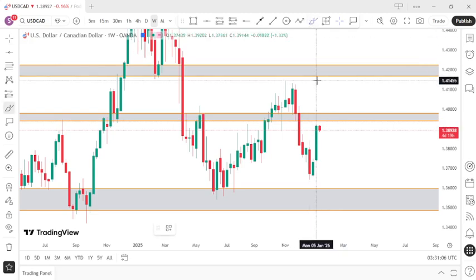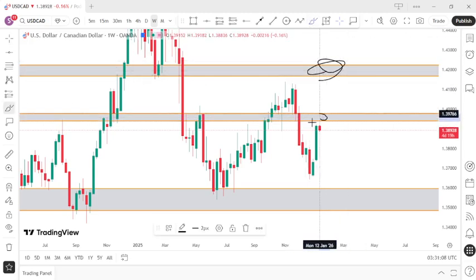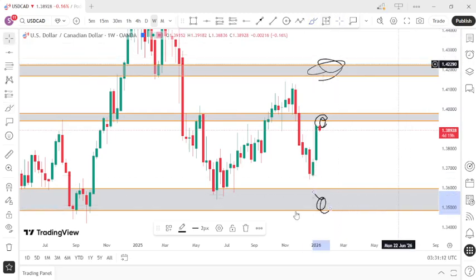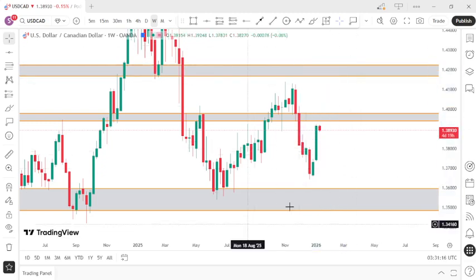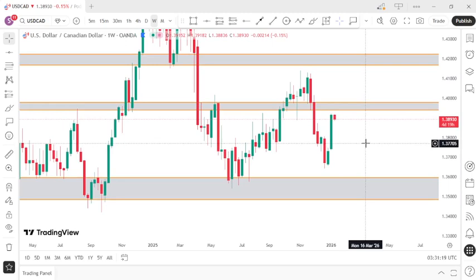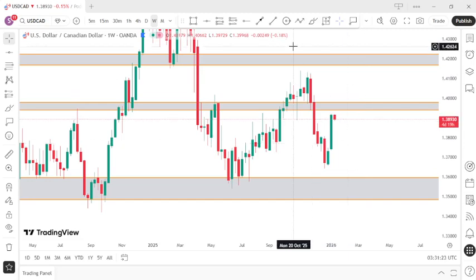I have my weekly upper zone here, midway zone here, and my weekly lower zone here. So on the weekly chart, we see price is moving the same way we thought on the monthly time frame, but we are seeing nice patterns on the chart.